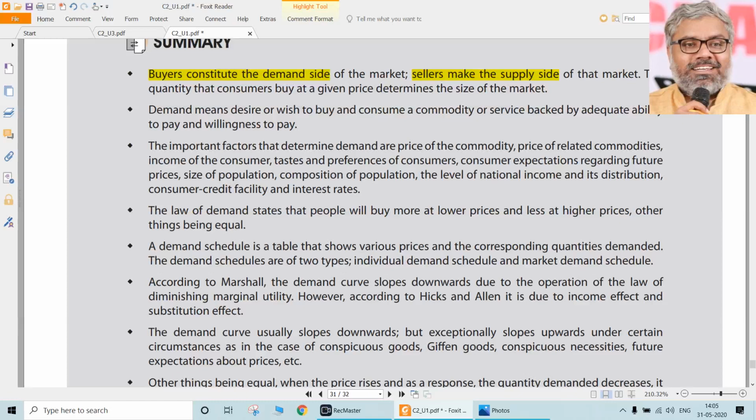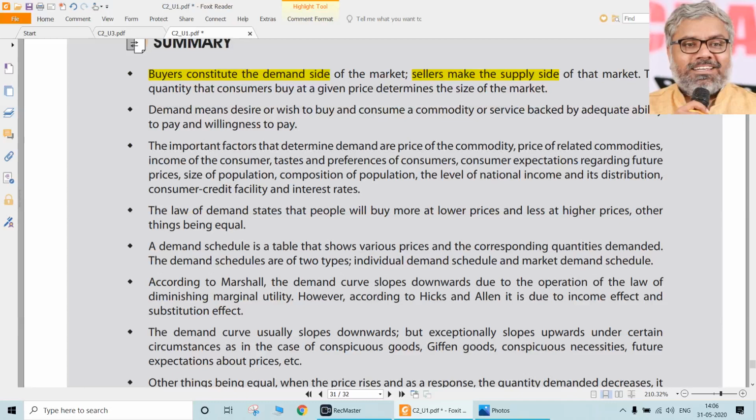And as we know, a market economy operates on the principles of demand and supply and the price mechanism related to that. So the demand side is also called the buy side, and the supply side is also called the sell side.